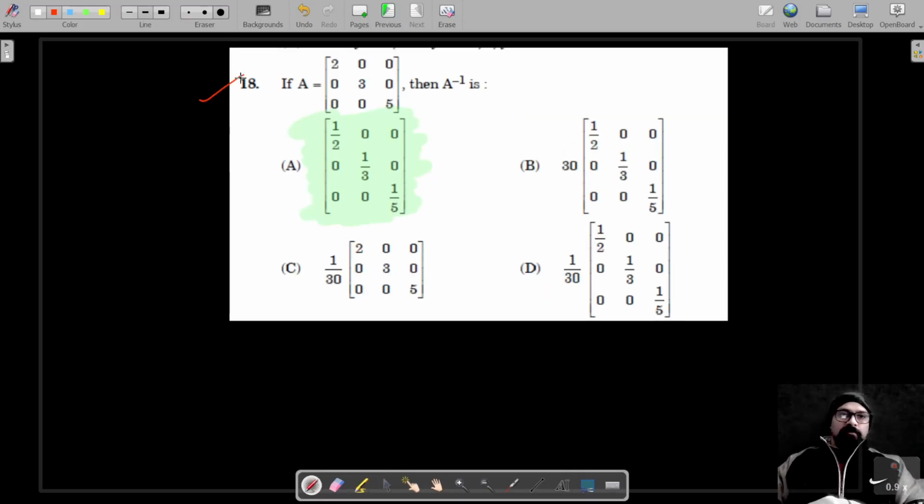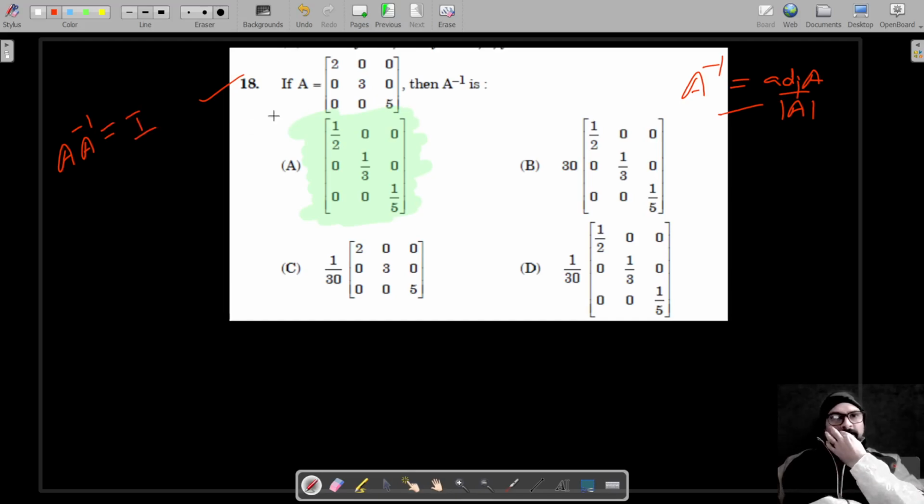Okay, for question number 18, we have to find the A inverse of the matrix. To find A inverse, you can use A inverse is equal to adjoint of A by determinant of A. Alternatively, you can use the property that A into A inverse is equal to the identity matrix, so you can multiply A with each of the options and check if it gives an identity matrix.